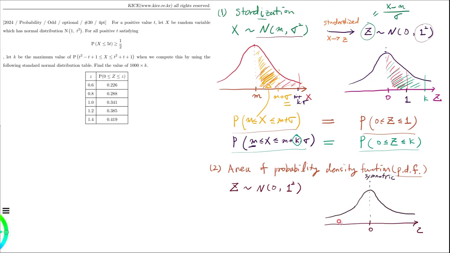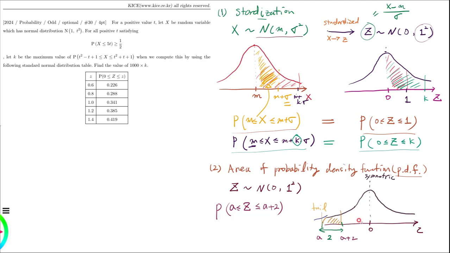In general, with the same length of interval, say for example this interval is 2, say this probability for random variable z having value from a to a plus 2, when this interval is located on the tail part.